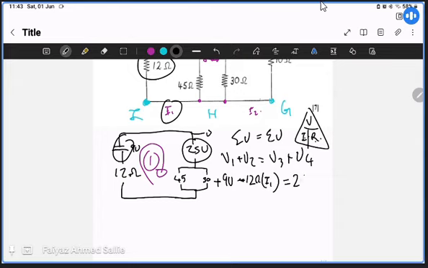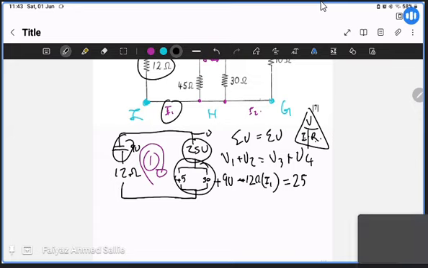So here is going to be voltage 4. So to calculate voltage 4, we're going to minus, because this is voltage, right?